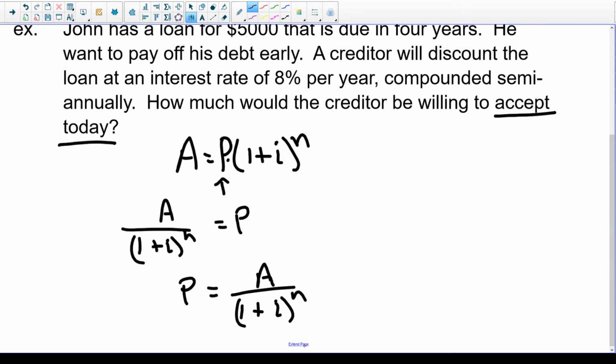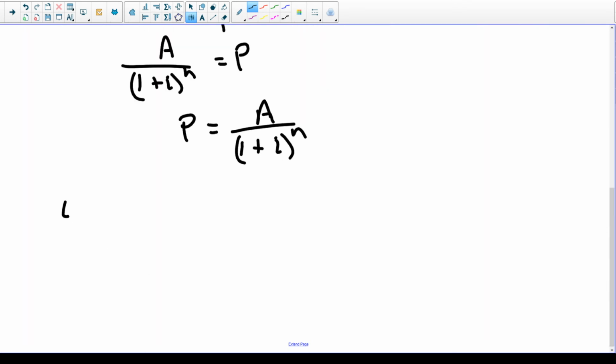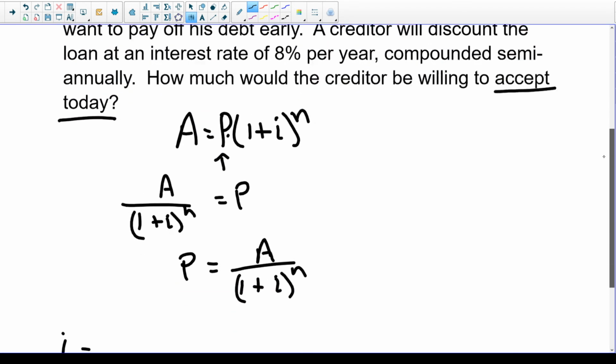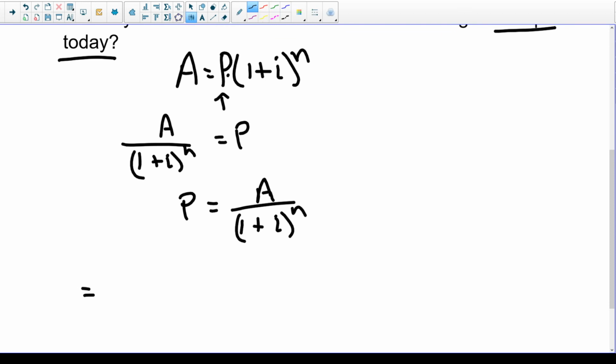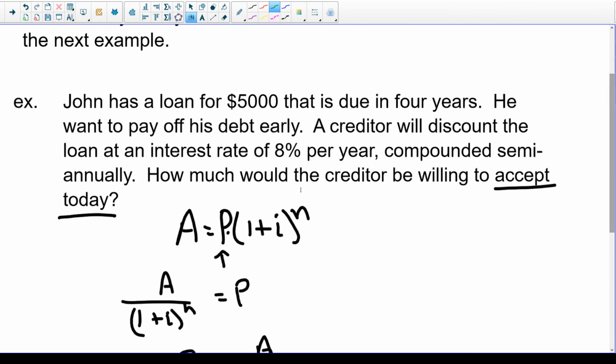So let's calculate our i and our n. So our interest, actually let me use a color for that. I'm just going to use green for that. So what are our interest quantities? Well, we have 8% per year compounded semi-annually. Now, we've actually talked about different types of compounding frequencies, okay?